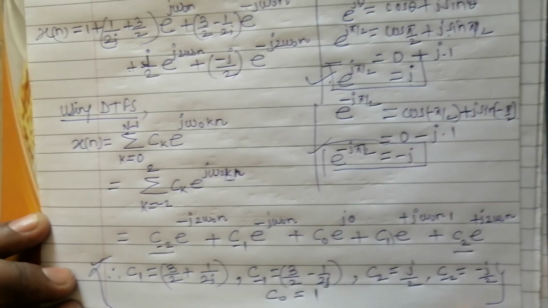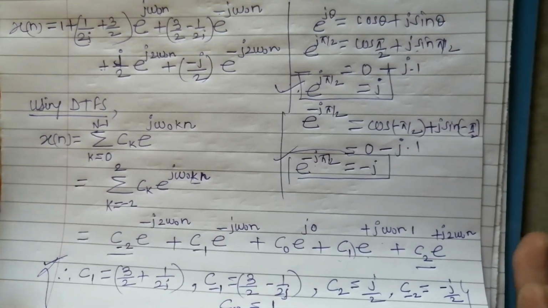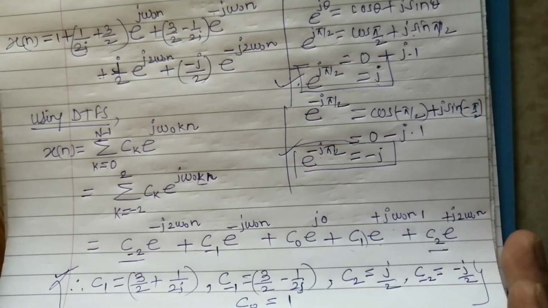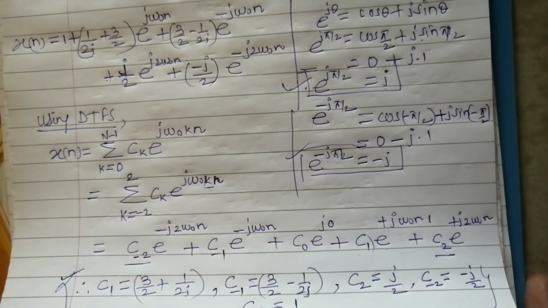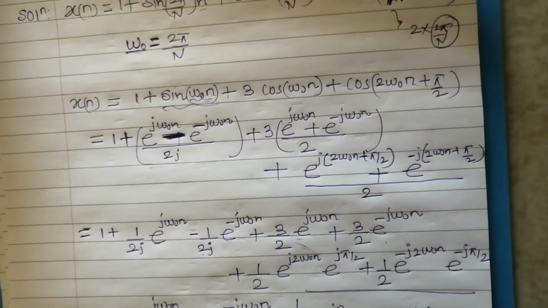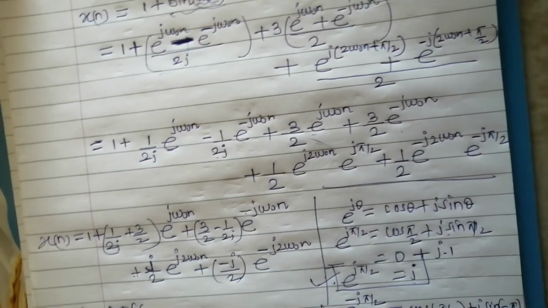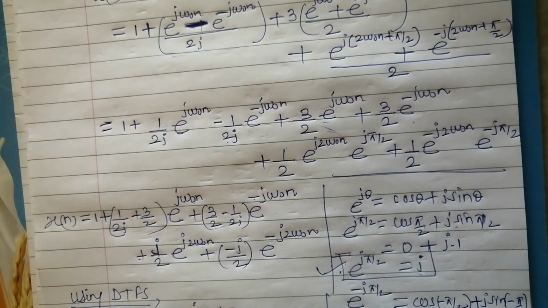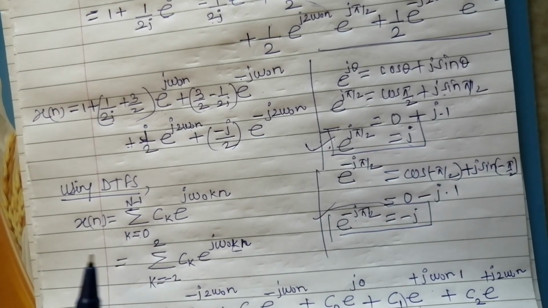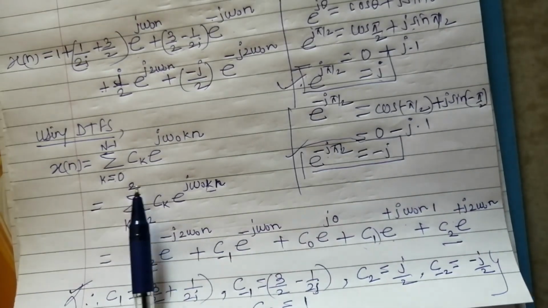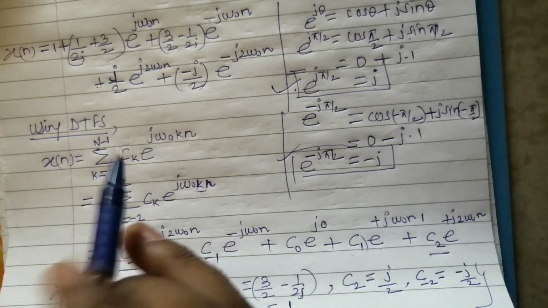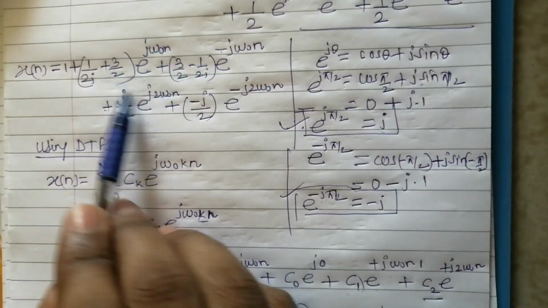I think discrete time Fourier series is much easier than the continuous time Fourier series, because in this part we only have to express the given x of n in terms of exponentials, simplify it, and obtain the result, and then from the standard DTFS formula, decide the limits. While deciding the limit of k, just observe carefully.